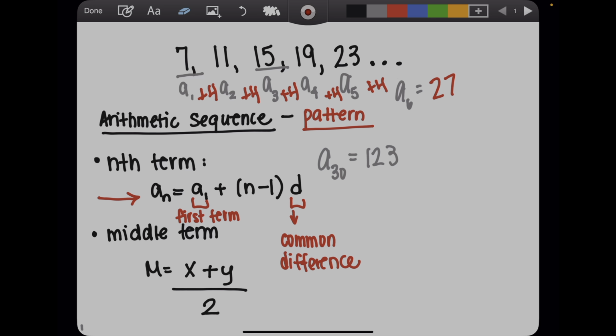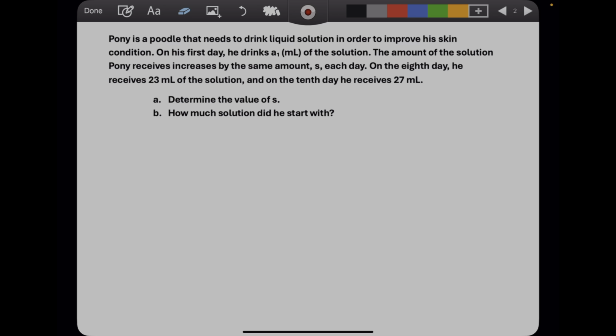The tricky part for me comes when we deal with word problems. In my opinion, the challenge often is deciding which steps are the most convenient. So let's take a look at this example. It says, Tony is a poodle that needs to drink liquid solution in order to improve his skin condition.